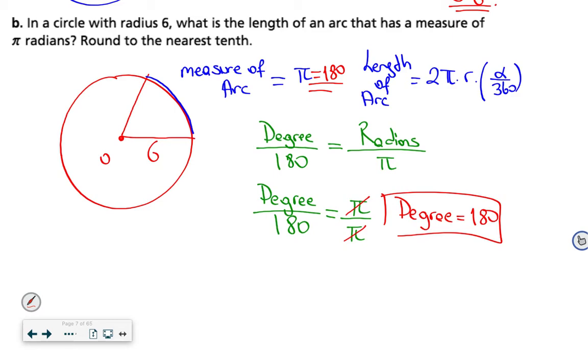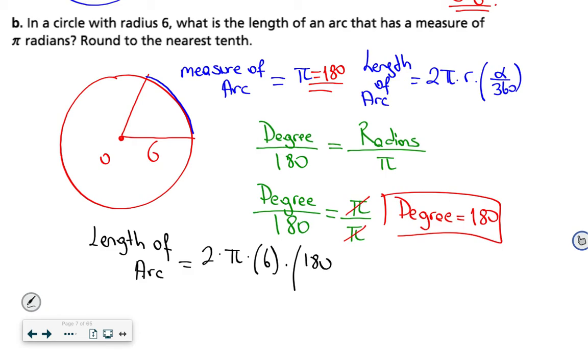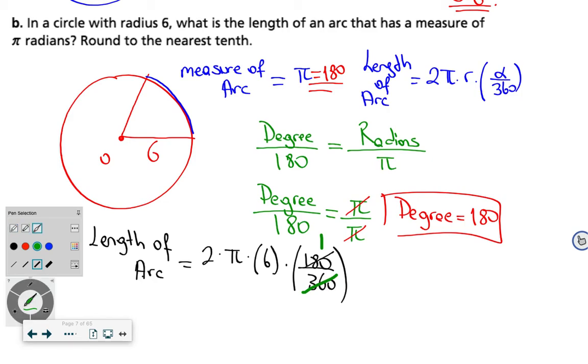Now we can find the length of the arc easily. How? Let's substitute. The length of the arc is equal to 2 times pi times r, which is radius 6, times the degree measure of the arc, 180 over 360. If you simplify this, 180 divided by 180 is equal to 1, and 360 divided by 180 is equal to 2.